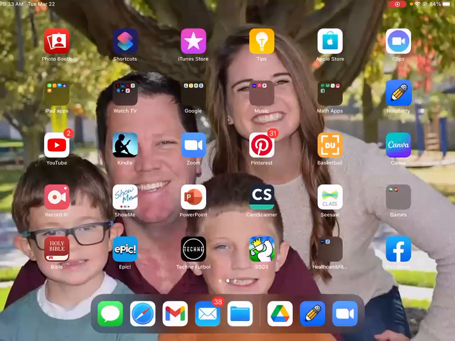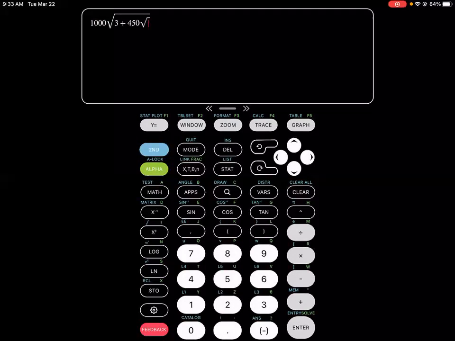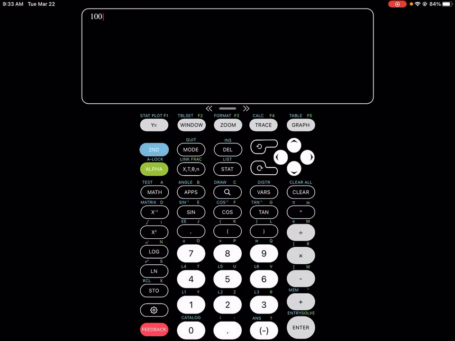And when I go into my calculator, this is what I'm going to do. Our horizontal component is 1000 radical 3 plus 450 radical 2.